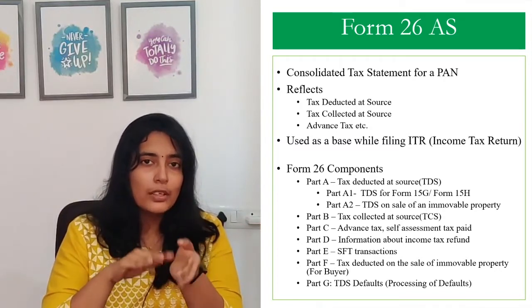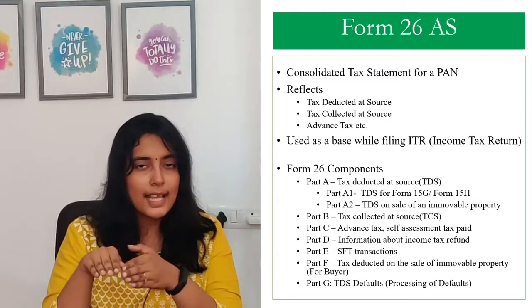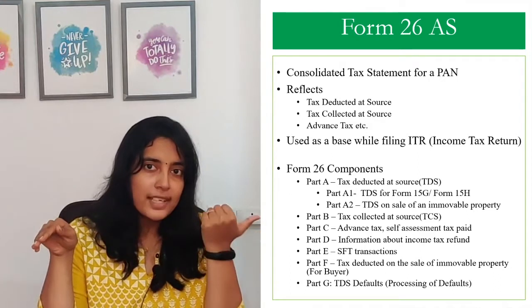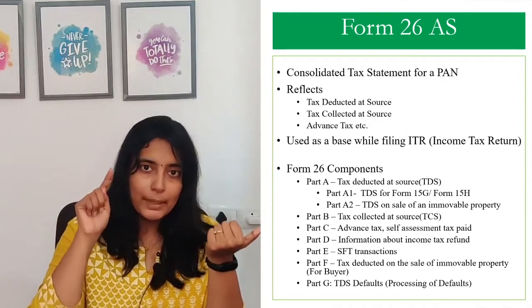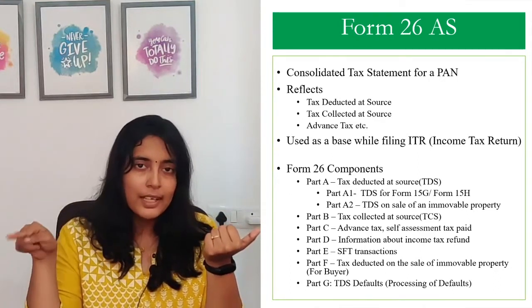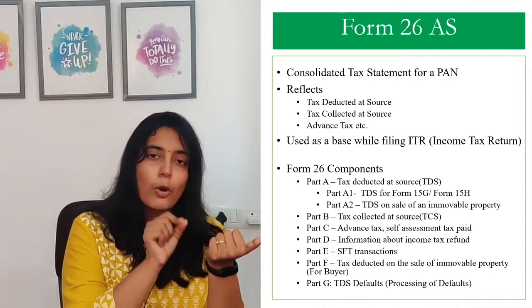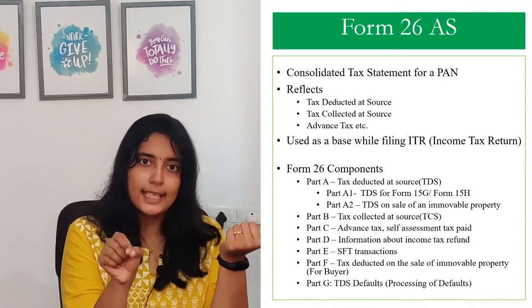So how will you know that your company has paid this tax to the income tax department? You can check it out in your Form 26AS, because when your company pays tax on your behalf, then it will get reflected on your PAN number on your Form 26AS.